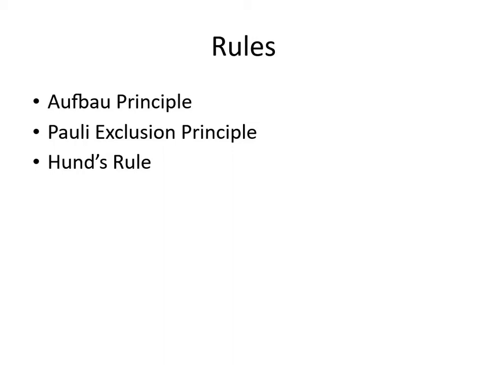Now, the cool thing about this first set of abbreviations is that only the first principle actually comes up, okay? So the Aufbau principle is the only one that you really have to actively engage with when you're doing this first set of abbreviations, because you're not having to show the up and down arrows. We abbreviate that part of the configuration, all right?